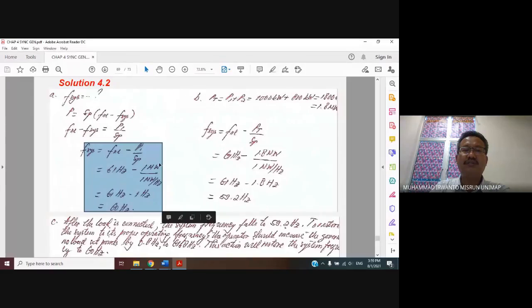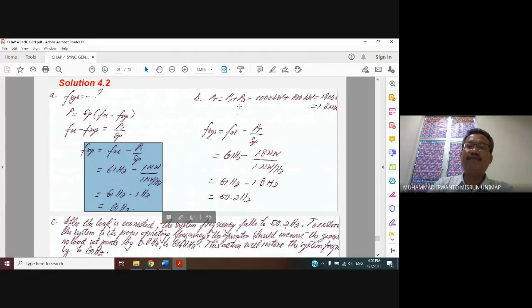Potong megawatt, hertz boleh naik. Nah, tinggal 1 hertz here. So 61 minus 1 hertz is equal to 60 hertz. So meaning the frequency system is 60 hertz.